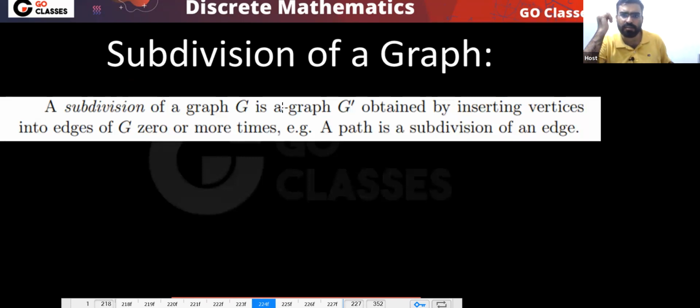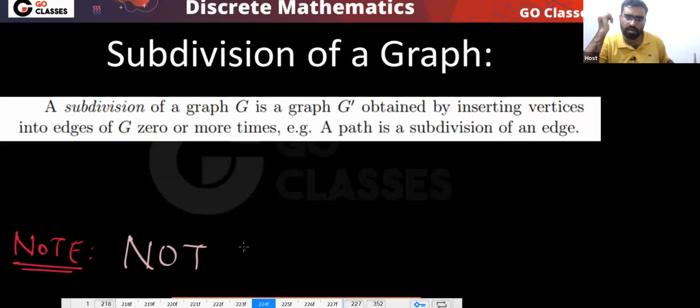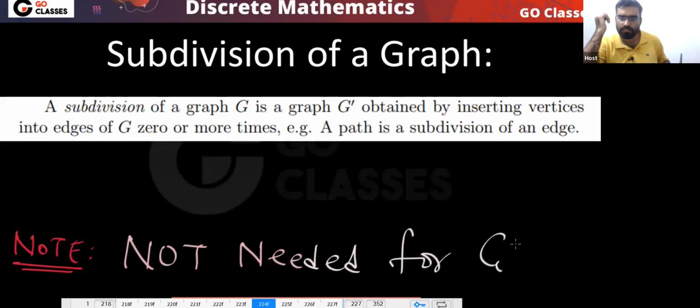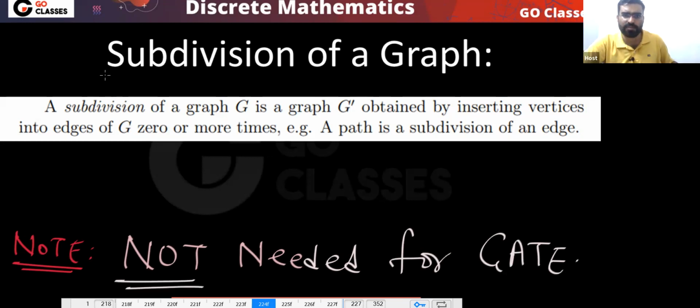This is optional, again not required for GATE. Skip. But let's see what is this subdivision.